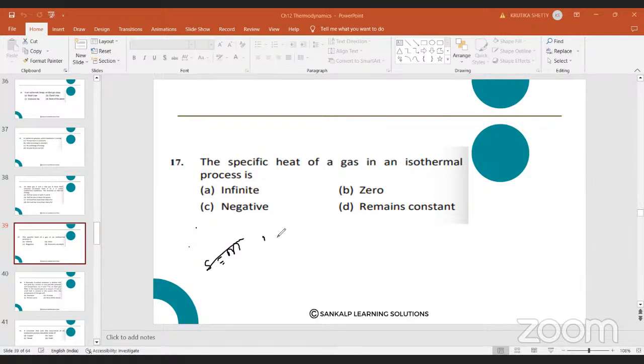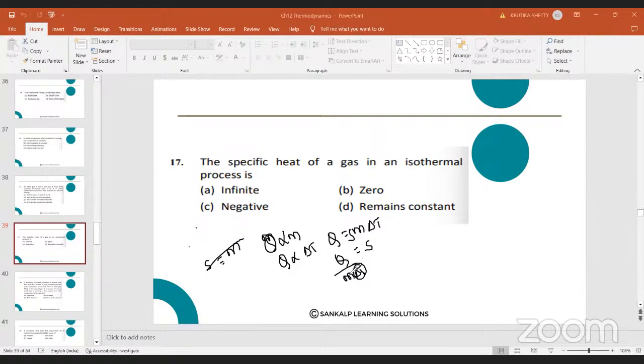Q is directly proportional to M. We know that Q is directly proportional to delta T. So we write it as Q is equal to M delta T. Here, the proportionality constant is called specific heat. So specific heat S is equal to Q divided by M delta T. So in case of isothermal process, what is it? This is constant here.